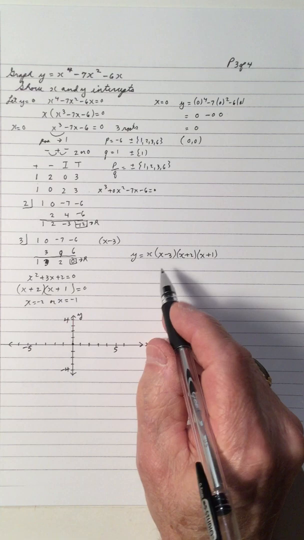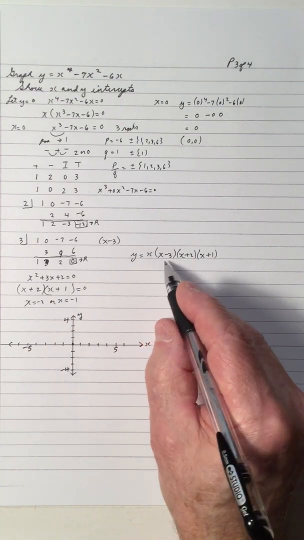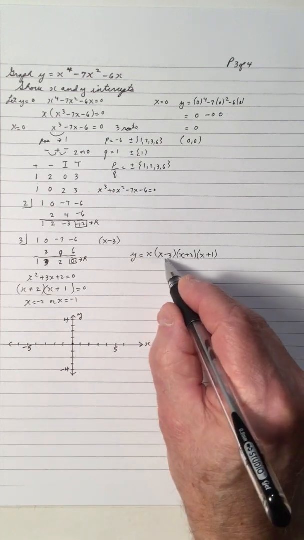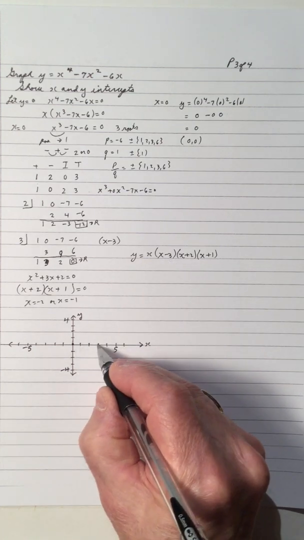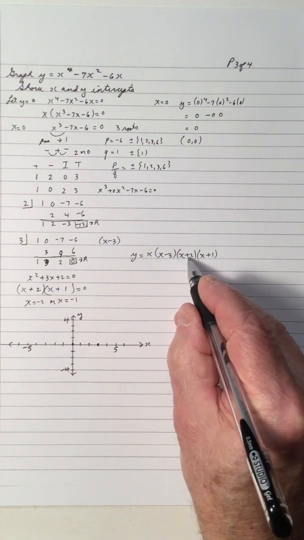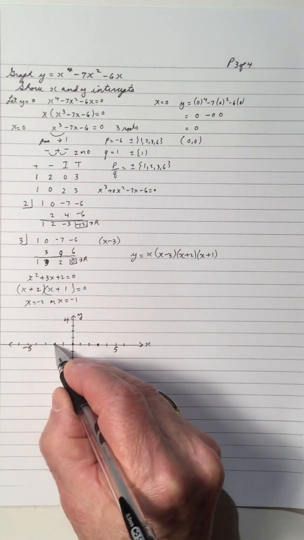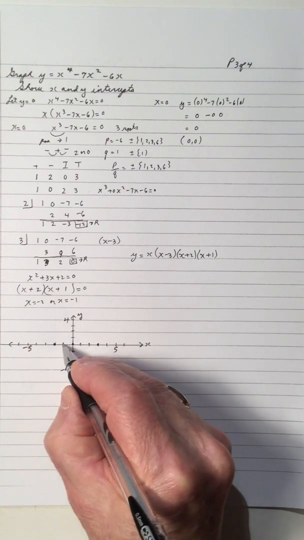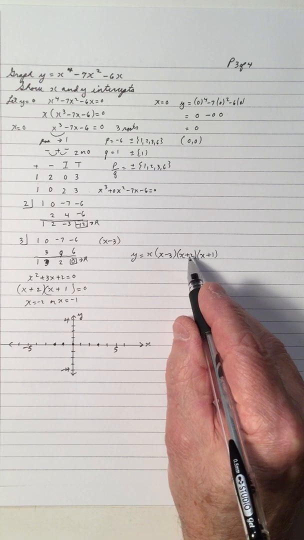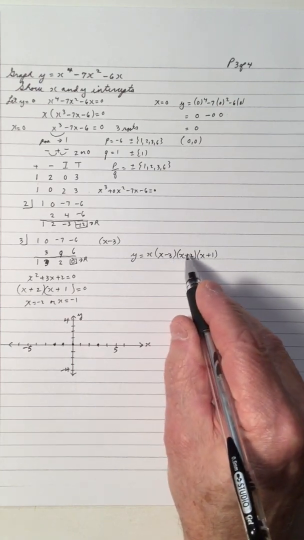And so we plot these intercepts now. The intercepts are 0, 3, right there, negative 2, negative 1. Remember, the roots or intercepts are opposite of these factors.